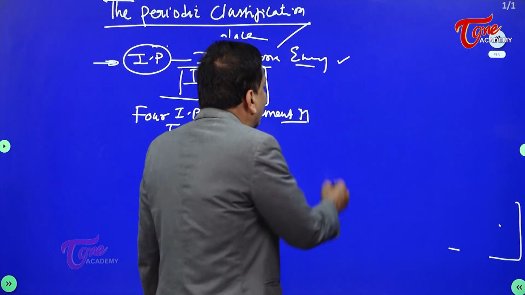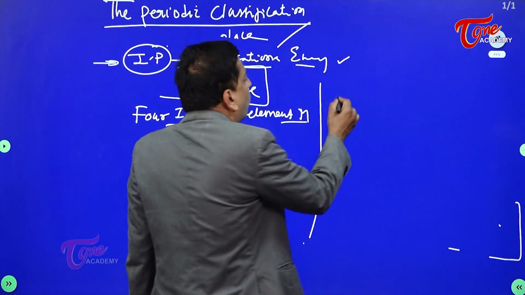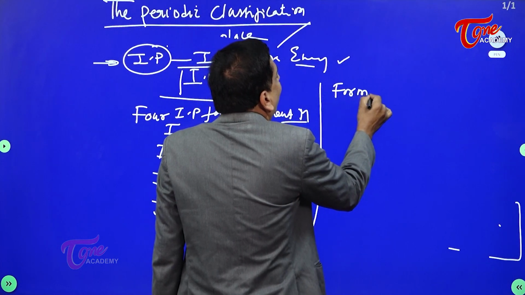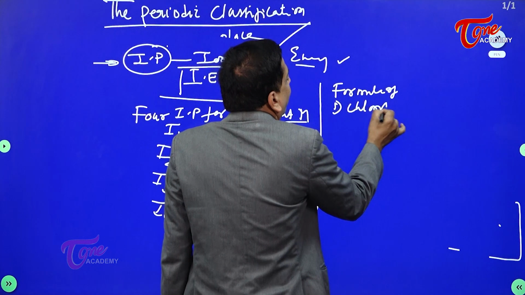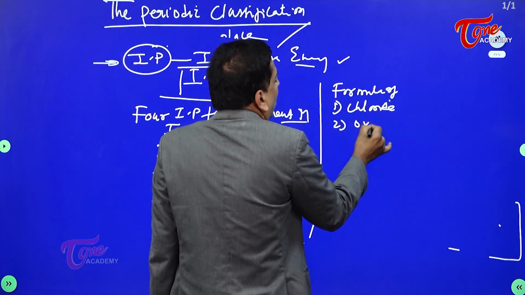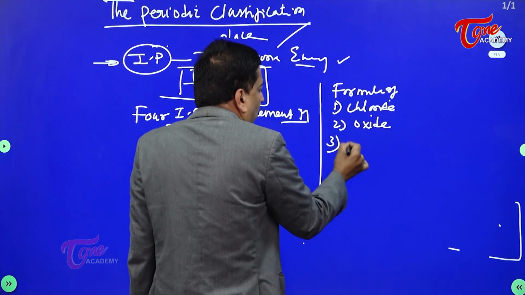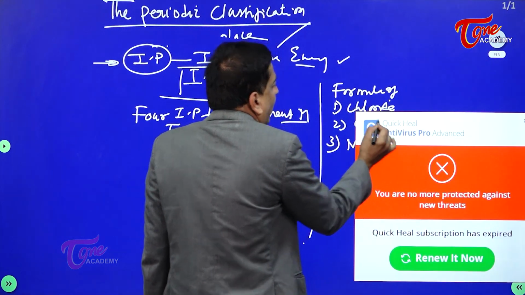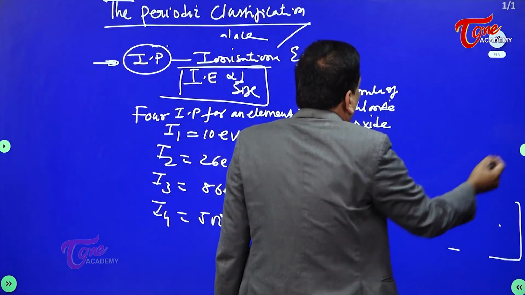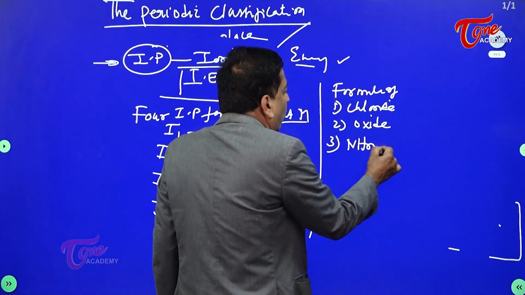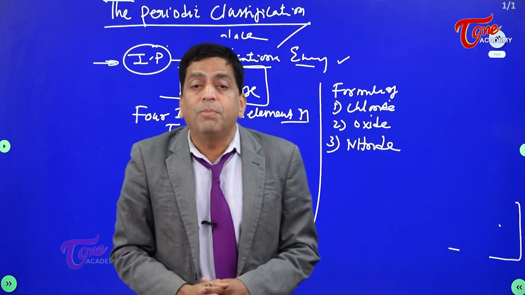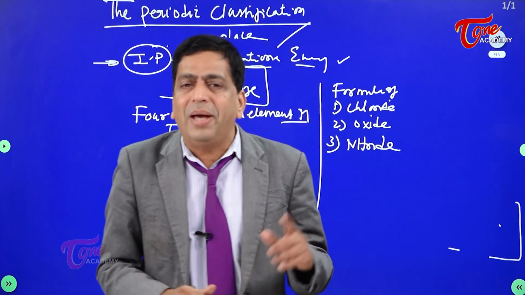Now he is basically asking me the formula of chloride, the formula of oxide, and the formula of nitride. Right? We should be in a position to judge these formulas on the basis of what?